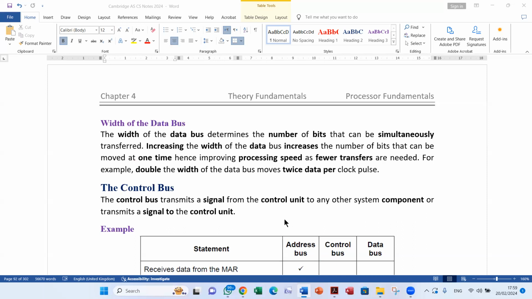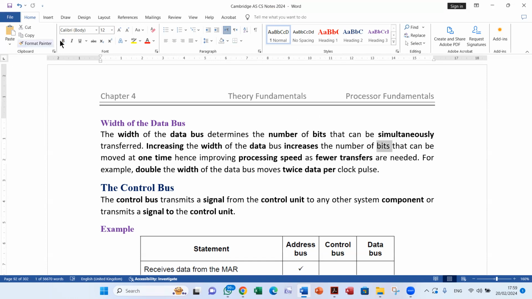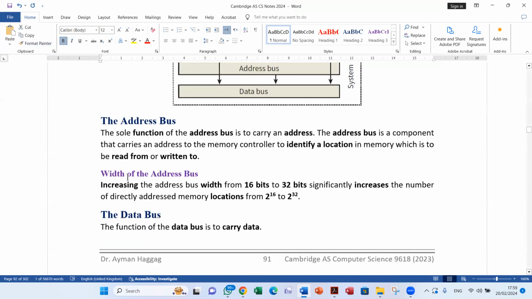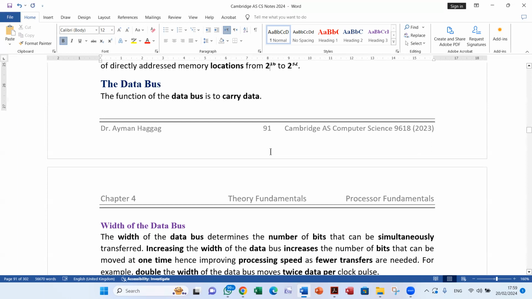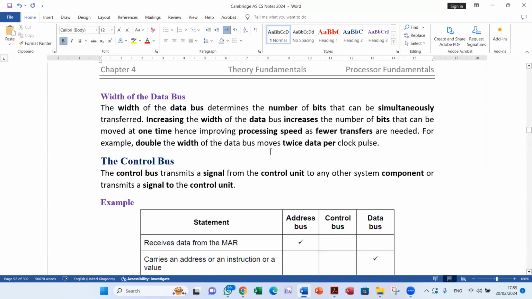The width of the data bus determines the number of bits that can be simultaneously transferred. Increasing the width of the data bus increases the number of bits that can be moved at once. Here, the increase is not exponential. With increasing the width of the address bus, the increase in memory size is exponential. Here, it is not exponential, it's just linear.